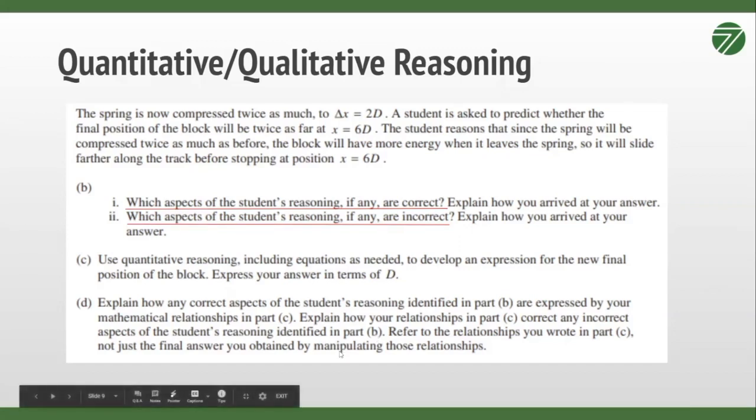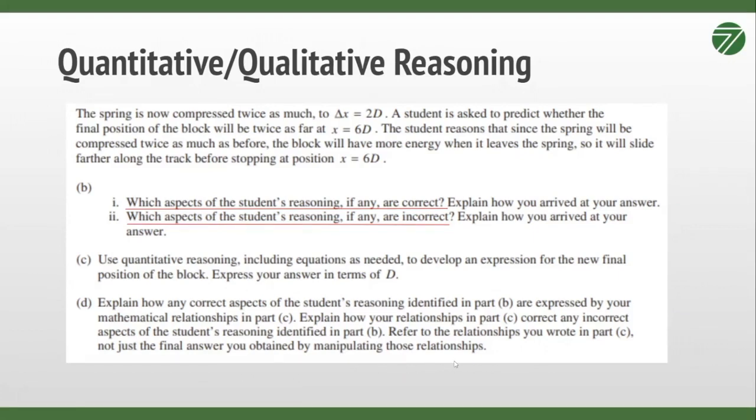Then refer to the relationships you wrote in part C, not just the final answer you obtained by manipulating those relationships. They're asking you to refer not just to your final equation, but to the equations that you used to derive it, because the equations that you started with are the ones that demonstrate the real relationships. The ones that you derived demonstrate that you can do algebra, but they might not demonstrate that you understand the physics involved.